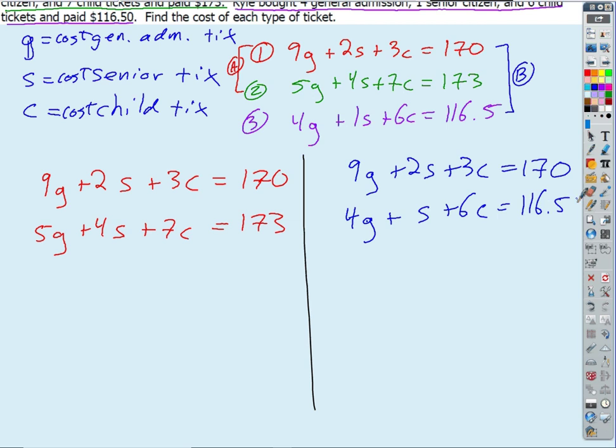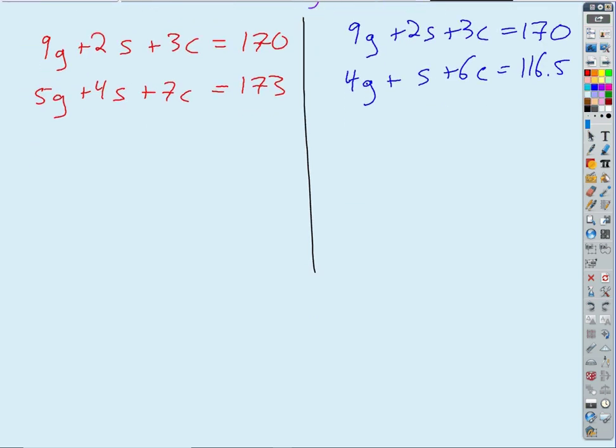So going back to group A then, or system A, what are we going to multiply by? -2. Top one by -2. Okay. And that's going to give us -18G minus 4S, minus 6C equals -340?